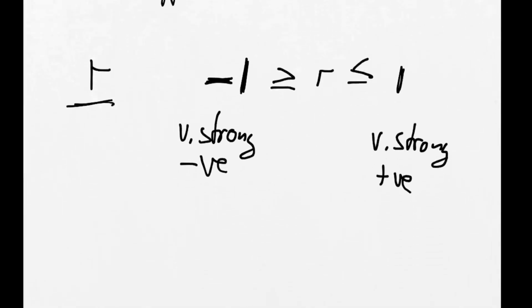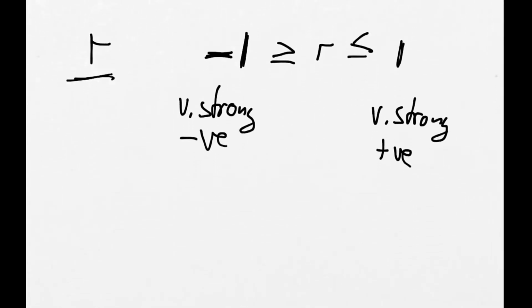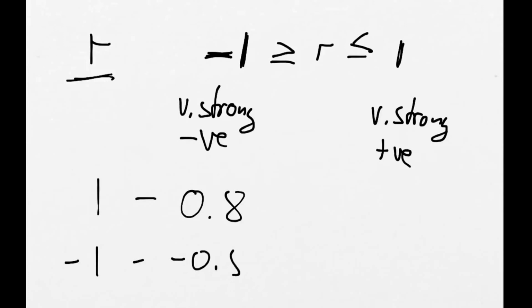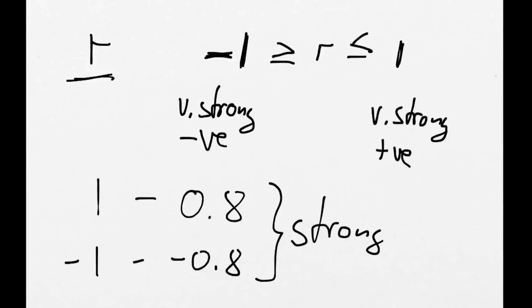And by convention, we say if it is between 1 and, say, 0.8, or -1 and -0.8, we talk about a strong correlation. If it is between 0.5 and 0.8, it is usually considered a weak correlation. And if it is smaller than 0.5, in this range, then it is no correlation.